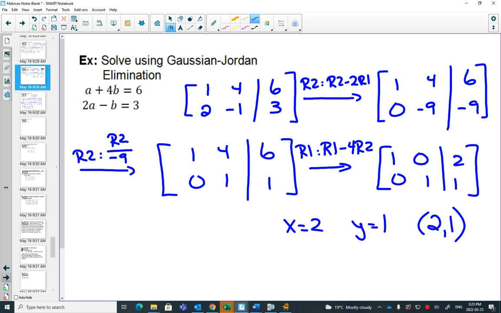Okay. Wait, no. I didn't. A and B. Oh, nice. So sneaky. A is equal to 2 and B is equal to 1. So if you did this, you would lose marks on a test. Okay?